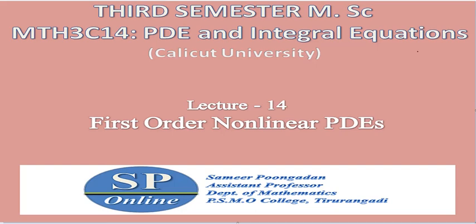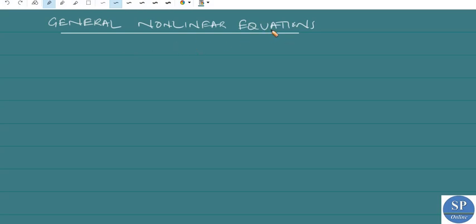In this lecture, we will develop a method which is the extension of the characteristic method to solve first order nonlinear PDEs, that is, general nonlinear PDEs. The general first order nonlinear PDE has the form f(x, y, u, u_x, u_y) = 0.